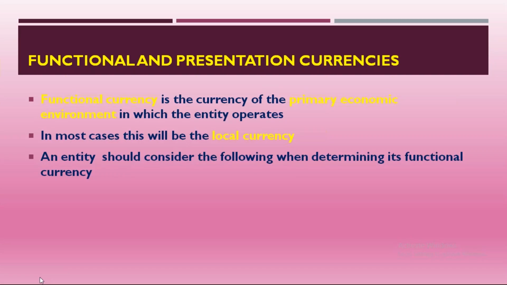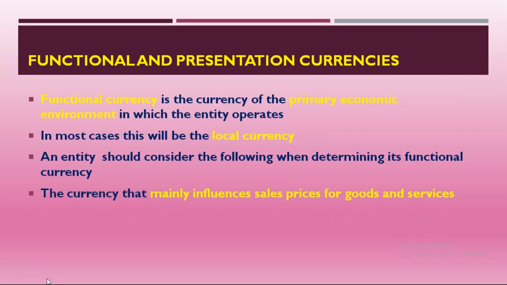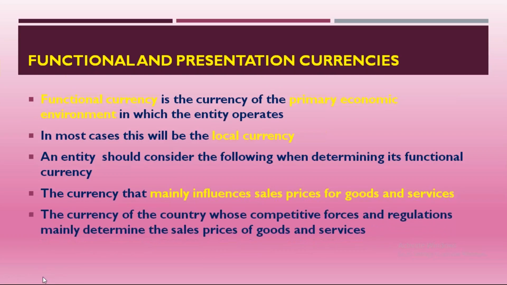Whenever we want to decide on the functional currency, there are certain criteria given in IAS 21. Basically, in which currency do we sell? Mainly, the main sales. If it's a UK body, most of the sales will be in sterling. There may be a few sales in dollars or some other currency, but if the sales prices are quoted in sterling, that will be your functional currency.